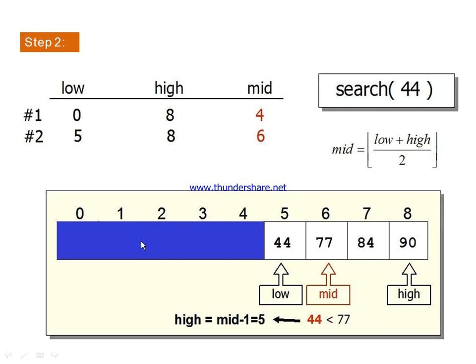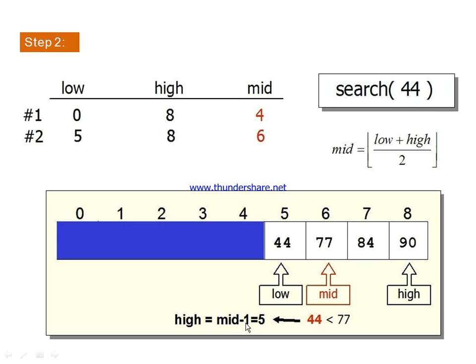If I am searching in the first half, high goes from 8 to 4. So if you are moving backward, calculate the high value which is changing. If we are moving forward, calculate the low value which is changing. Here we are moving backward, so calculate the high value.